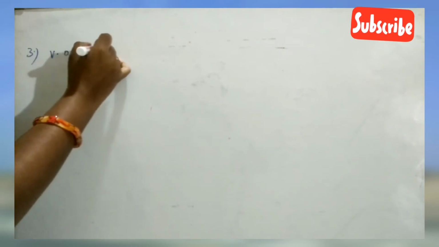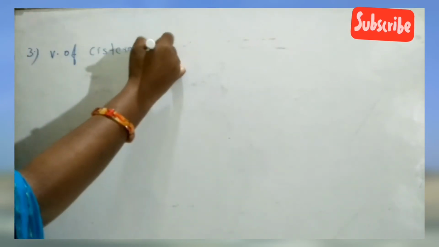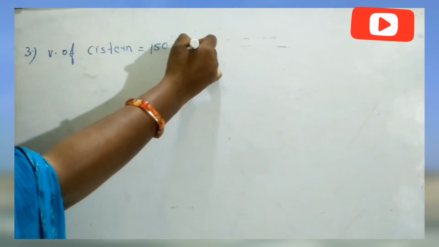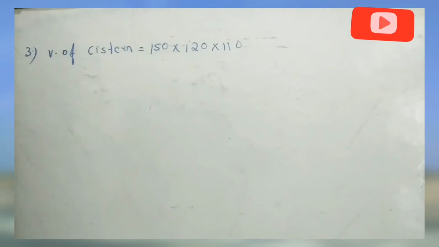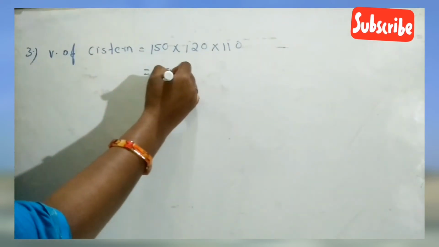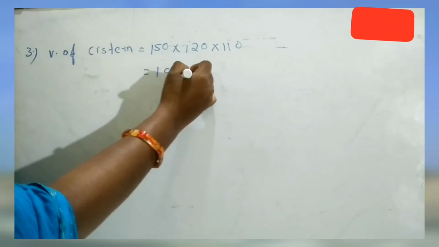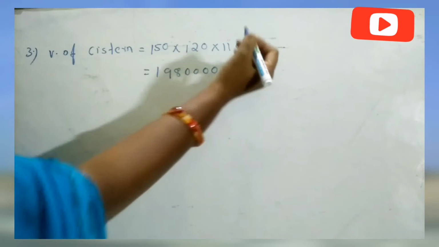Volume of cistern is equal to 150 into 120 into 110, and this is equal to 1980000 centimeter cube.